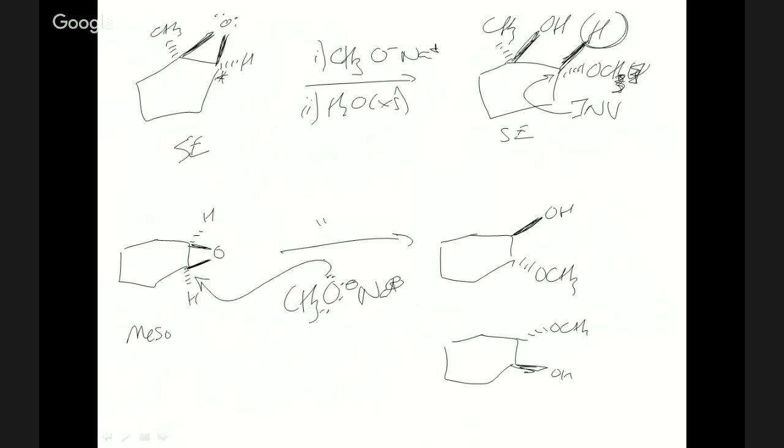There or there. SN2 in both cases, protonation. Gives 2 trans alcohols. They're both trans, but they are enantiomers. It's a racemic mixture. Okay. Work on those mechanisms.